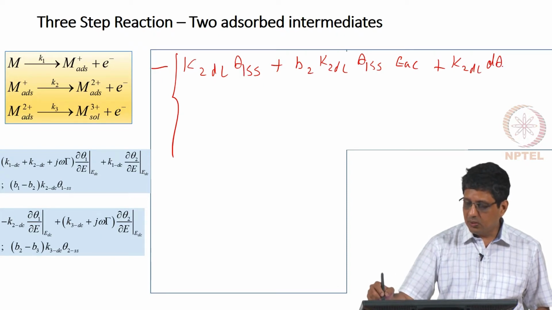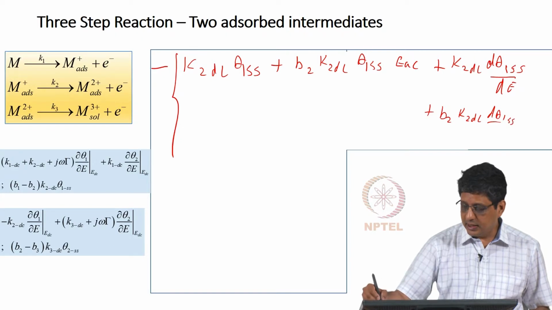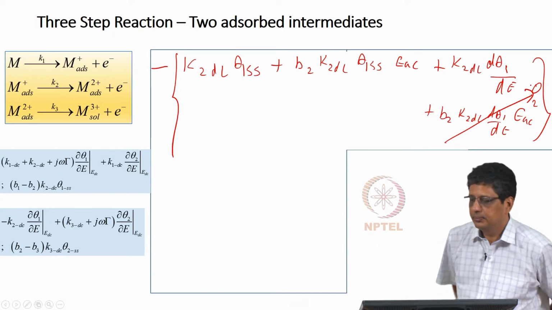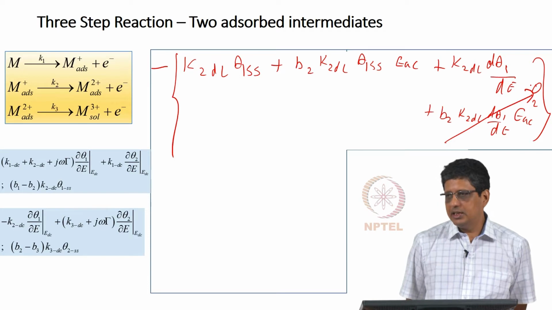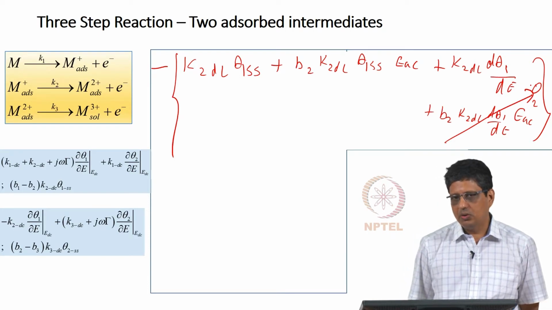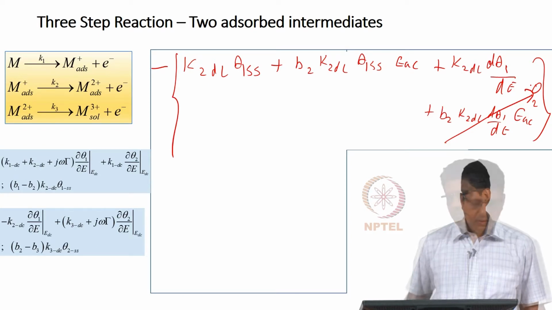And I have to remember to put the correct subscript here, d theta 1, not steady state, d theta 1 by d E EAC square, and this I will throw away. So, you have to expand it and write it. Because I am a little familiar with this, I am able to write it without going through the detailed calculation, but when you practice it, you would be able to do it without any problem.